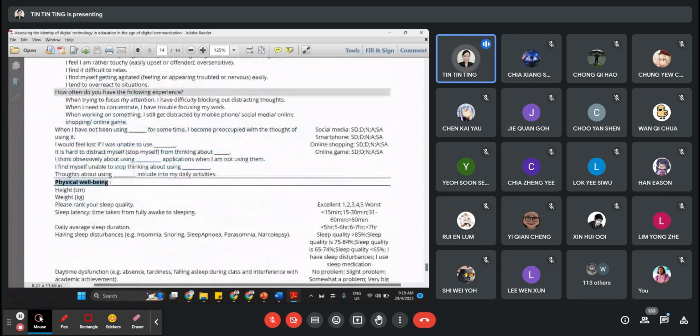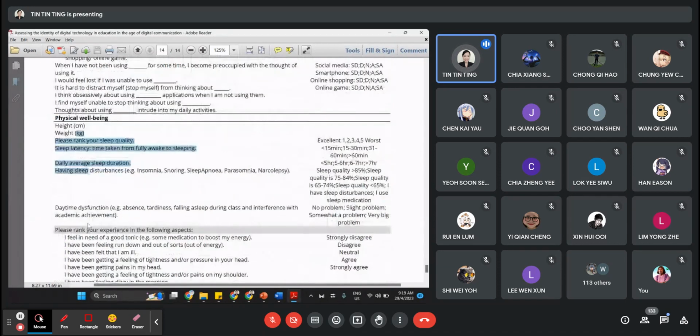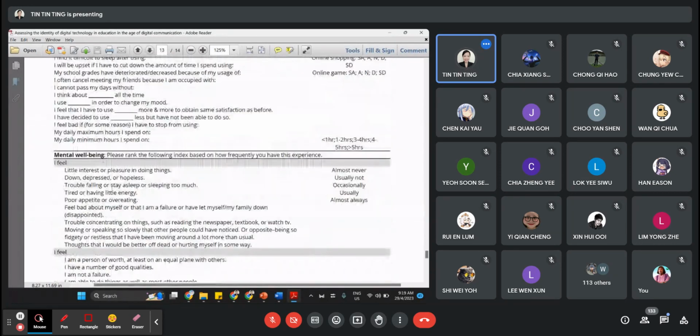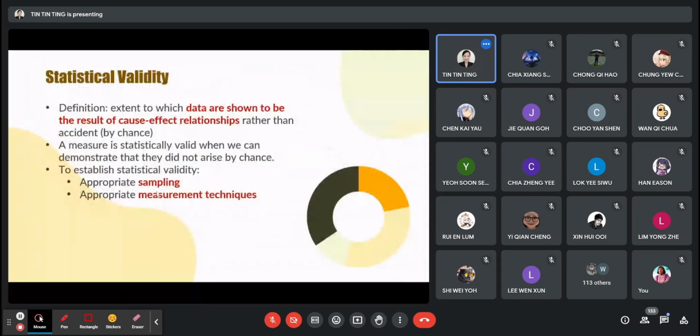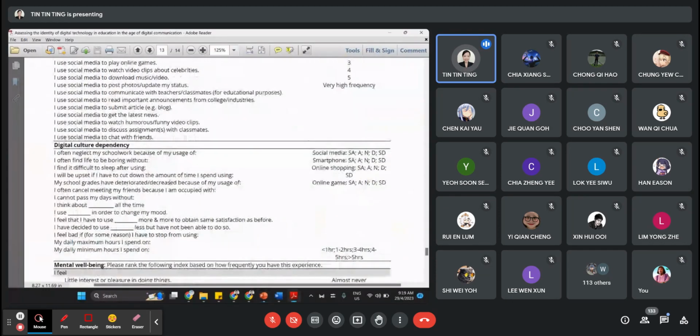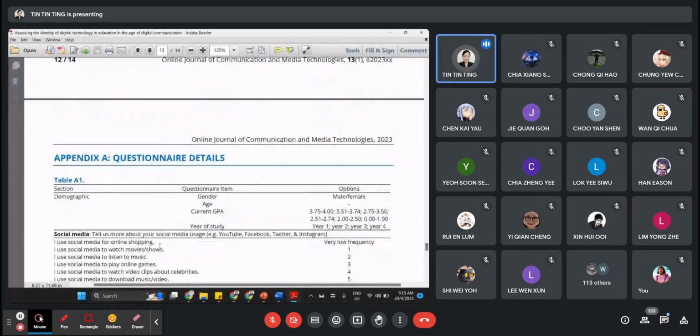And the physical well-being, we have a list of it. But how do you know that all this can represent someone that is with good health or not with good health? How do you know that? The measurement techniques. We are taking this from, actually not from us, it's from other people's work.